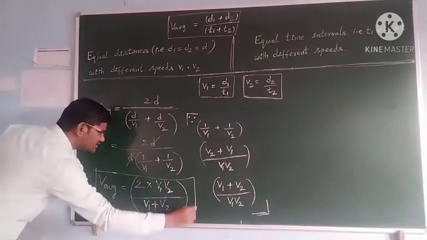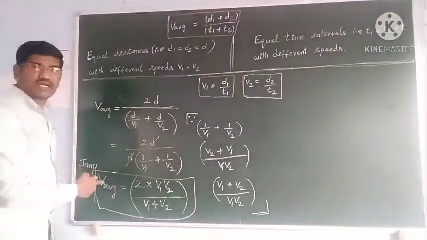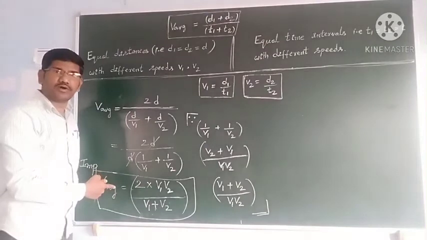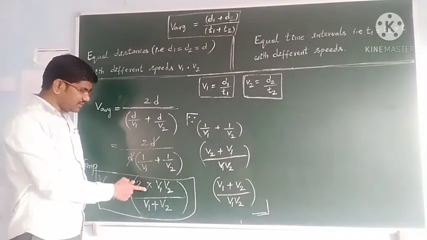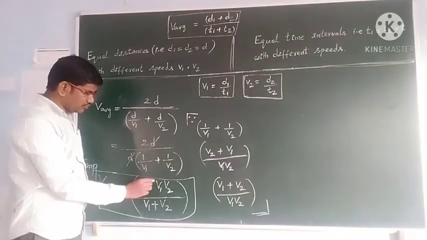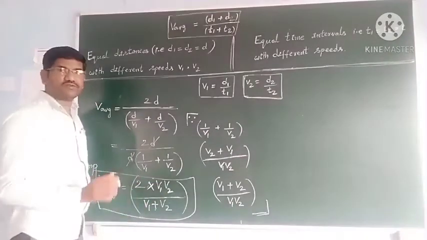So this is our important formula. I already told you, but again I am telling because we solve so many problems based on this formula only. That is, average speed will become 2 v1 v2 by v1 plus v2.